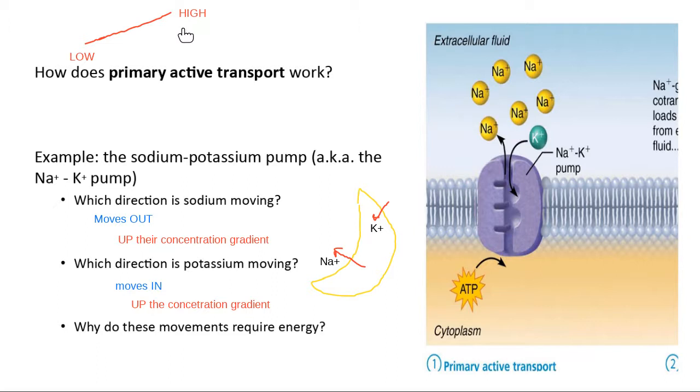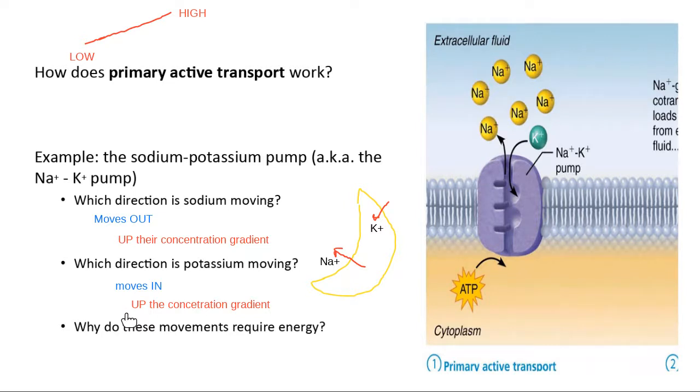I'm going up the hill. That takes energy. So why do these movements take energy? Both of these things are moving up their concentration gradient. Both are going uphill. When anything moves uphill, that requires energy.